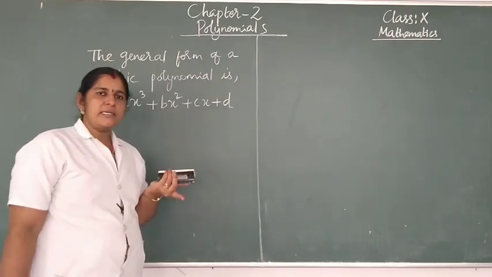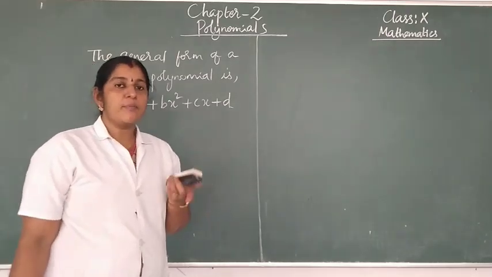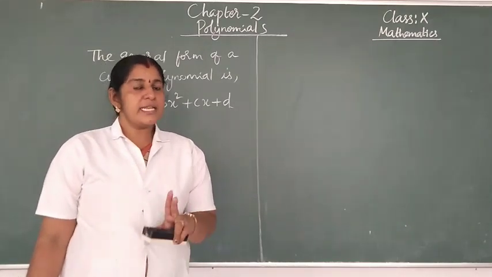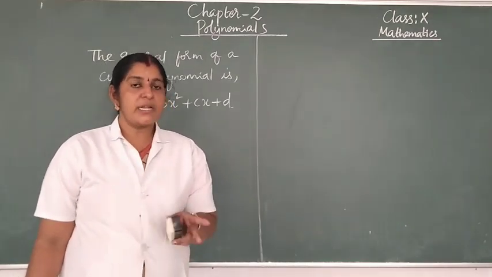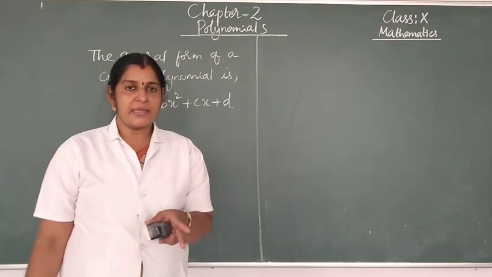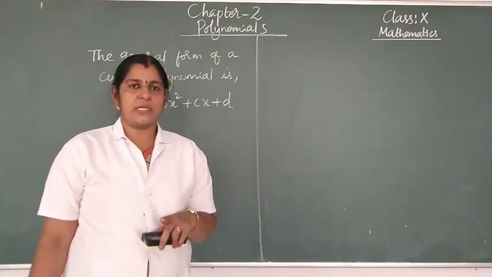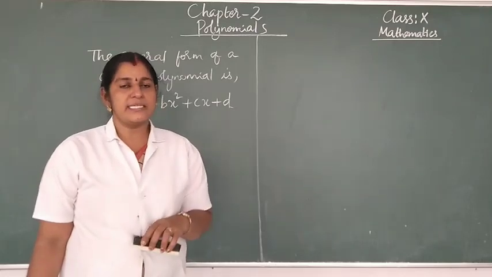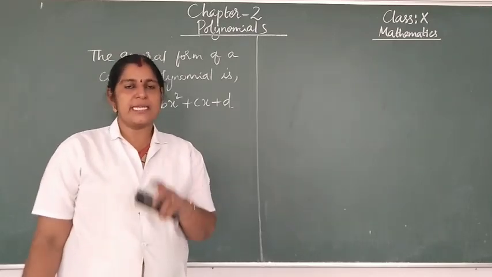And you have learned also that a cubic polynomial is having 3 factors. So when it is having 3 factors, what is the number of zeros it is having? Yes, 3 zeros. So finally we can say that a cubic polynomial is having at most 3 zeros.